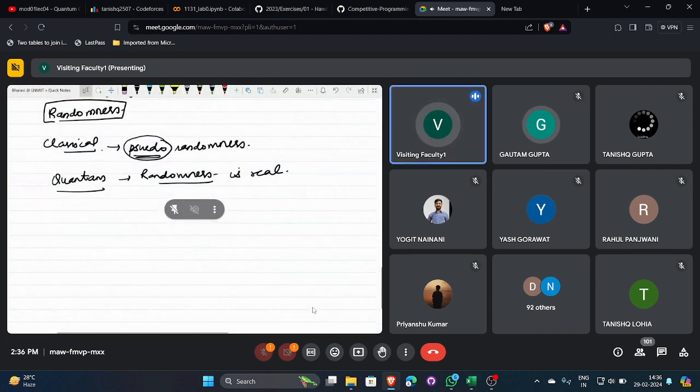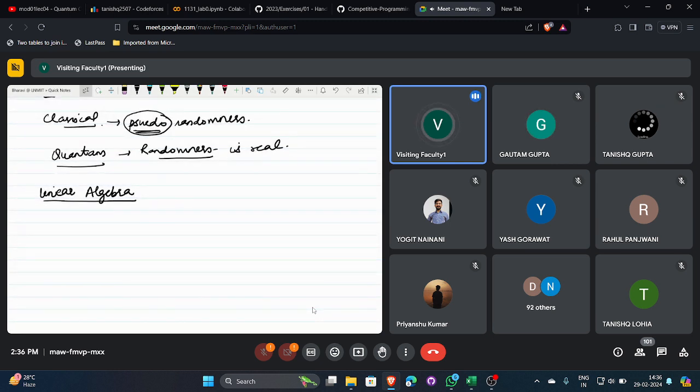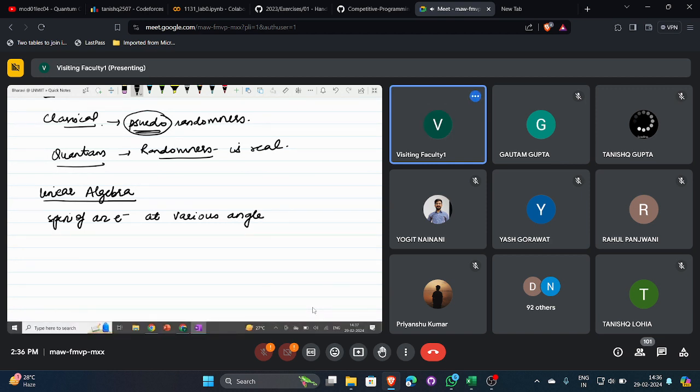So now we will discuss some basic mathematics, I am just giving an idea. The spin of an electron at various angles.